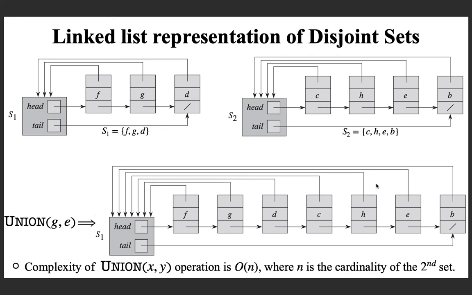So these are the different operations, and with this we are finishing this lecture. Today we have seen the disjoint sets data structure. An application is representing disconnected components in a graph.